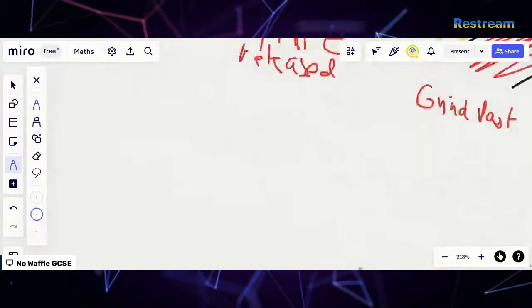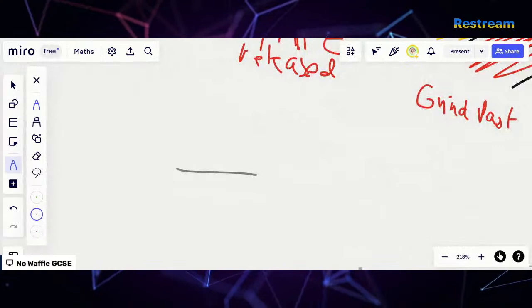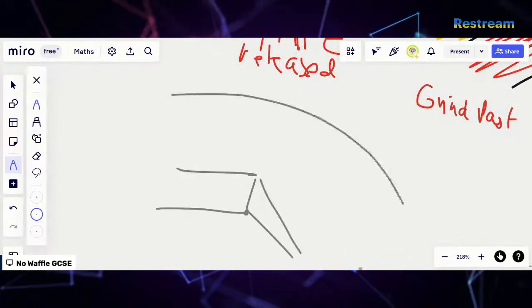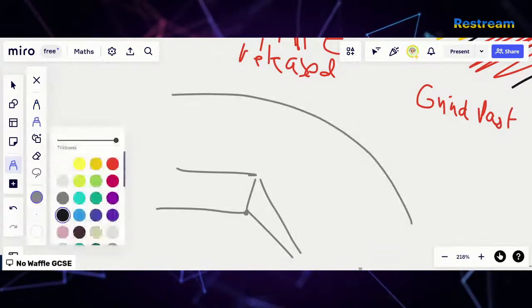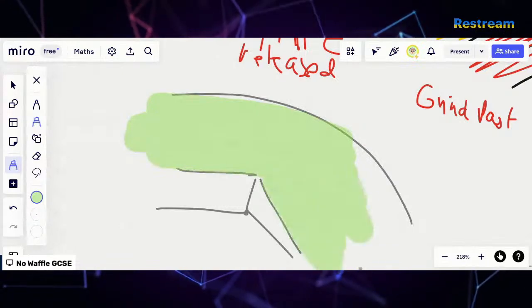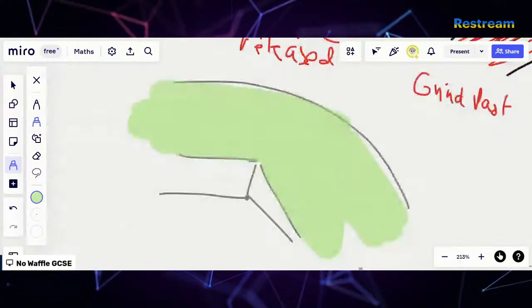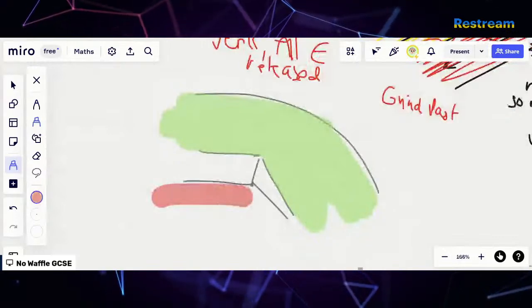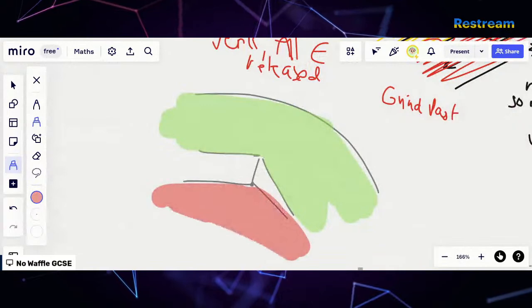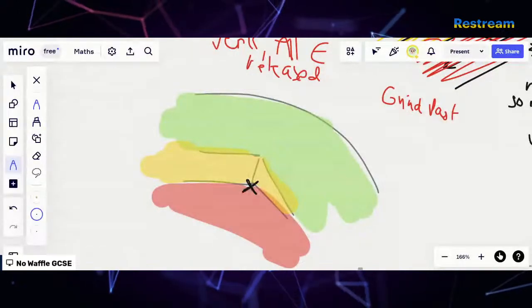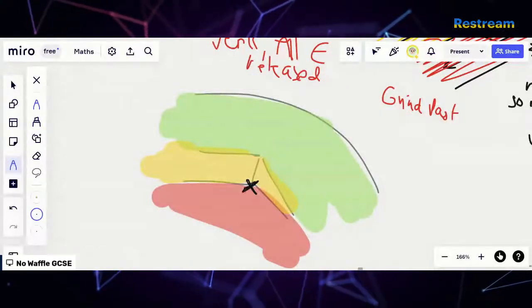If we were to look at a diagram, imagine this is the land, and this is the mantle. And now what's happening here is this point is what we call the focus.